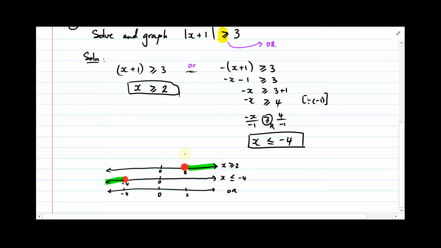Now if I'm doing the OR statement, it's really the union of these two sets. And this union would just be the putting together, the bringing together of these two items. Everything that is shaded on each number line will be a part of the final solution, because the OR meant a union.